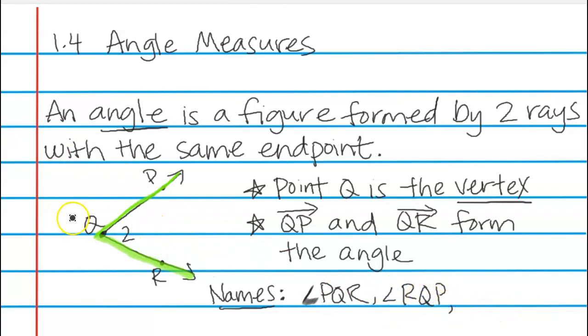I also can name an angle with only one letter, the vertex. So this would be angle Q. And finally, if I do have a number in the angle located like this one, I can call this angle 2. So 4 ways to name an angle if they are all present on the angle.